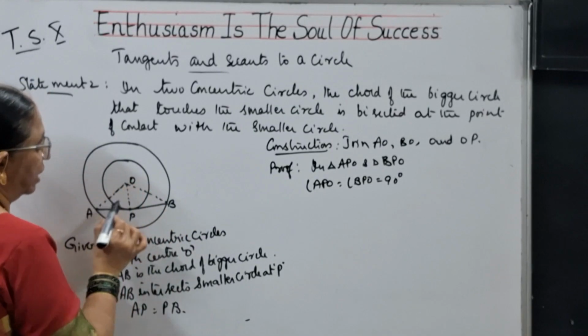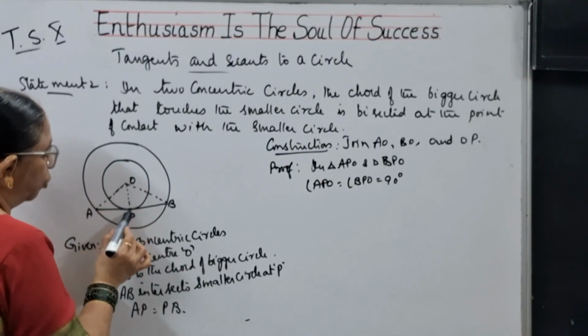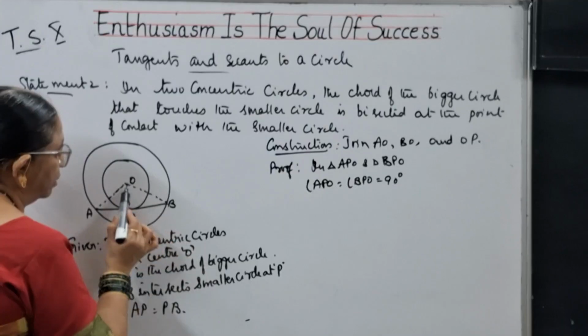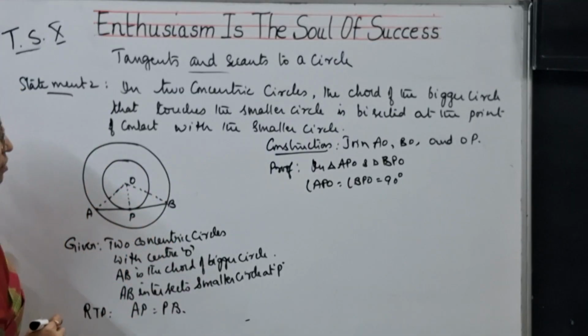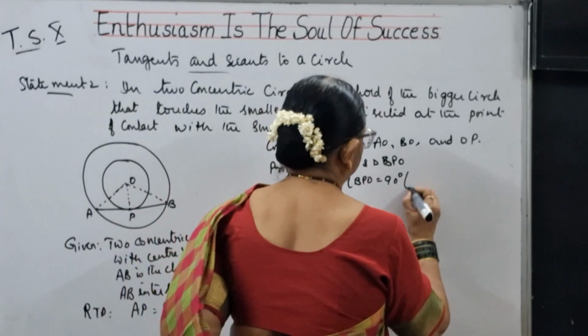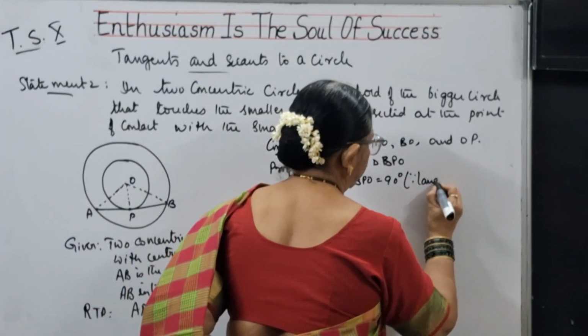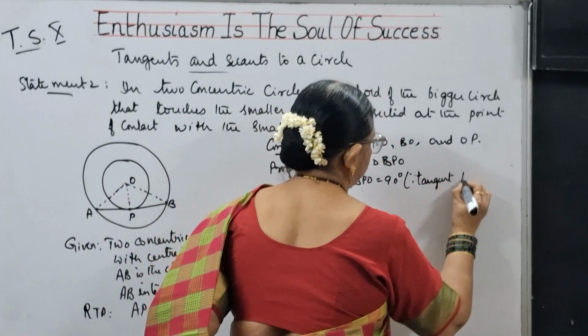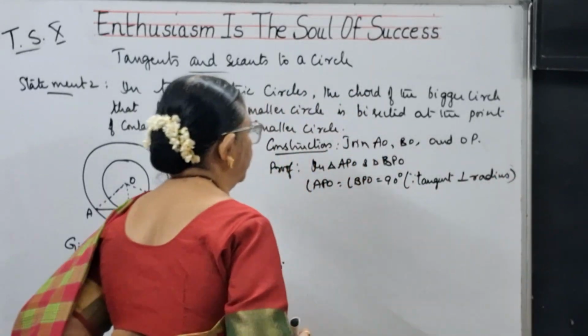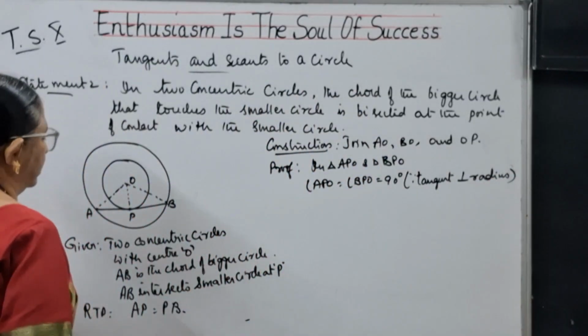If AB is the tangent to the smaller circle, OP is the radius of the smaller circle. So tangent is perpendicular to radius. That is the reason why I said it is 90 degrees, because tangent is perpendicular to radius.